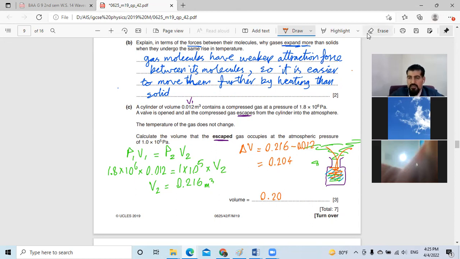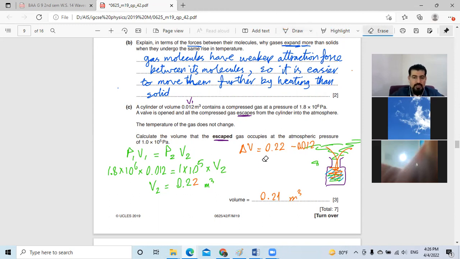If we switch this value to 2 significant figures and make it 0.22, and we subtract 0.012, we get an answer of 0.21. So don't forget to write the unit, which is cubic meter.